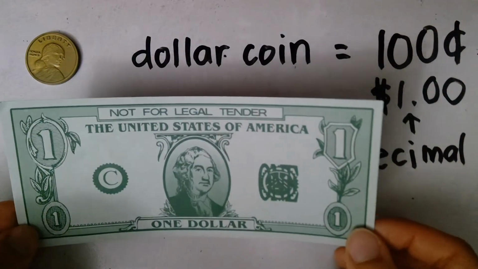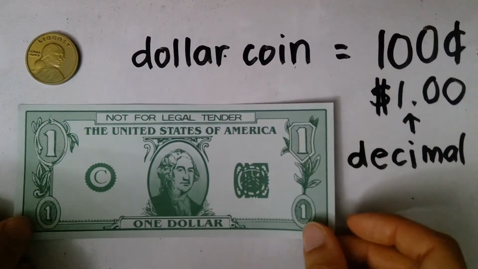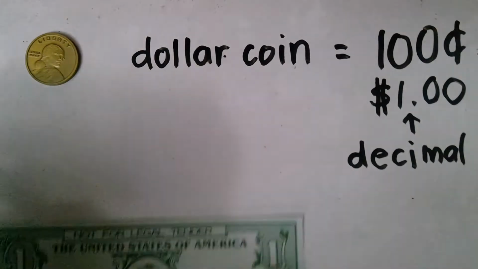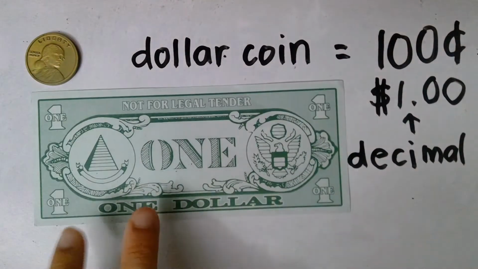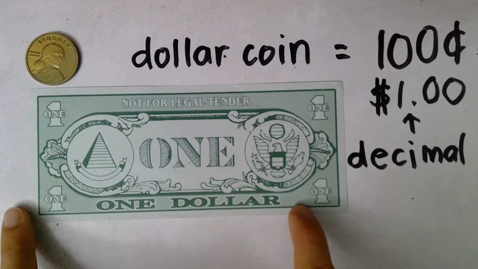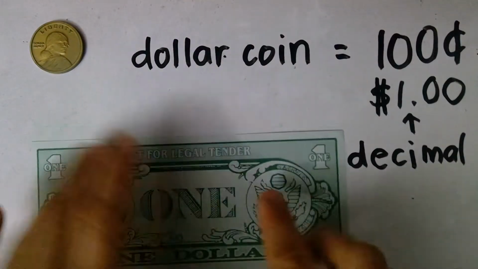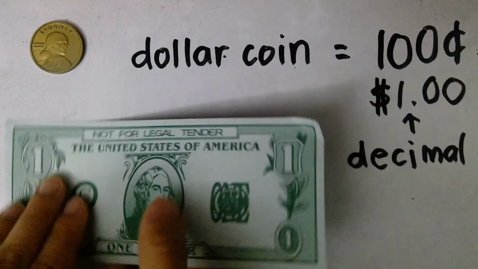This isn't real money, so it looks a little bit different than money in your brain. This is a $1 bill. So we call this a dollar coin. It's a coin. This is a $1 bill. Okay?